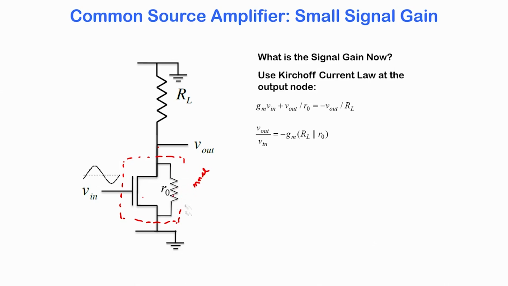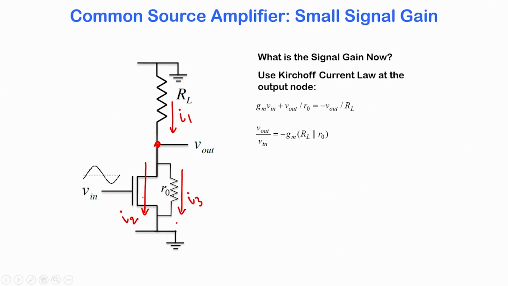Now what impact does channel length modulation have on the voltage gain of your circuit? Once again we will solve Kirchhoff's law at this point. We will call that current I1, the current through the MOSFET is I2, this is the ideal MOSFET, and this will be the channel length modulation parameter, which in combination with I2 gives you the non-ideality effect.